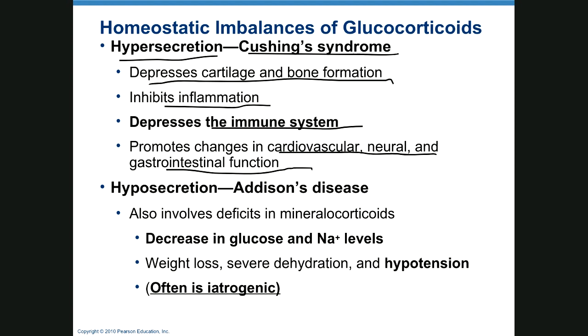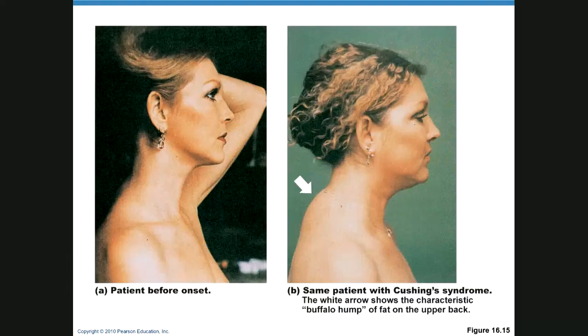And it's going to cause all this Cushing syndrome. I'll come back to this slide in a minute. This is before the prednisone or before Cushing syndrome onset. This is after. See the buffalo hump, see the fat, see the high blood pressure. You don't see it, but you would if you measured it.